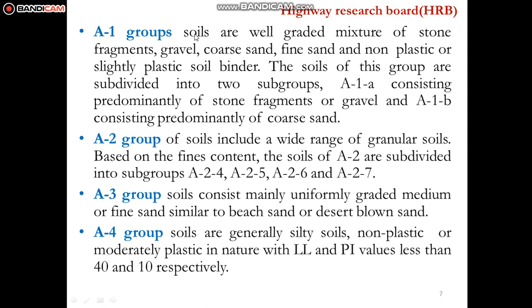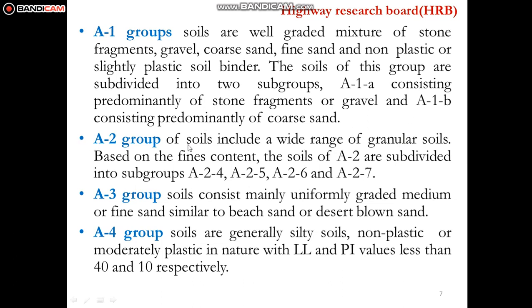Coming to the A1 group, soils are a well graded mixture of stone fragments, gravel, coarse sand, fine sand and non-plastic or slightly plastic soil binder. The soils of this group are subdivided into 2 groups: A1-a consisting predominantly of stone fragments or gravel, and A1-b consisting predominantly of coarse sand.